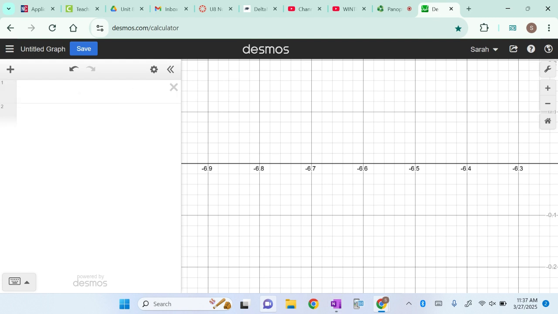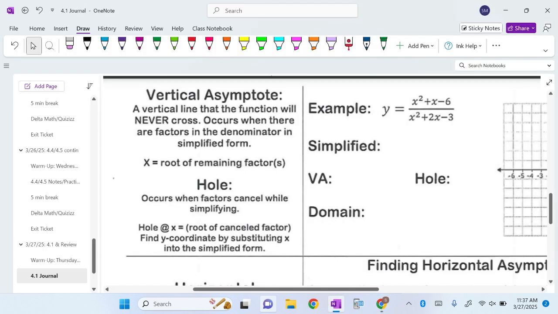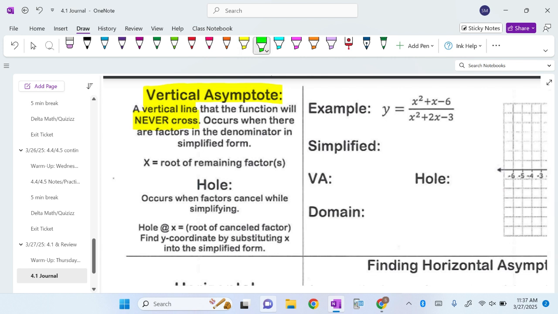That's what an asymptote is. An asymptote is a line that the graph never crosses, whether it's vertical or horizontal. So a vertical asymptote is a vertical line that the function will never cross. Now, this occurs when we simplify our factors in the denominator. Way back with 4.2, that's when we would factor it and cross out the stuff that they have in common.